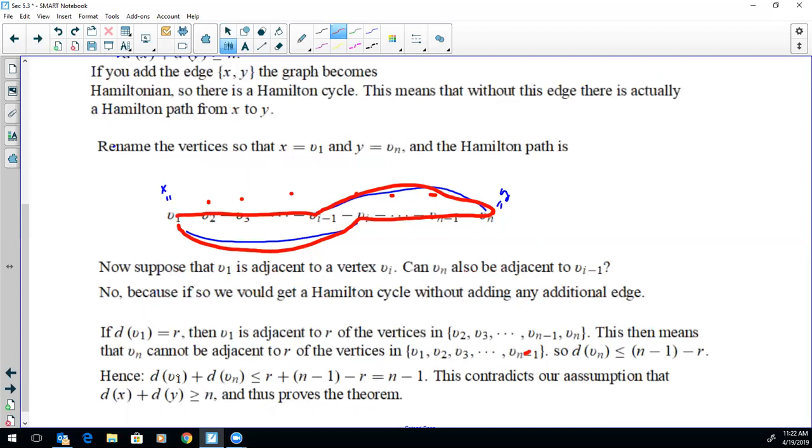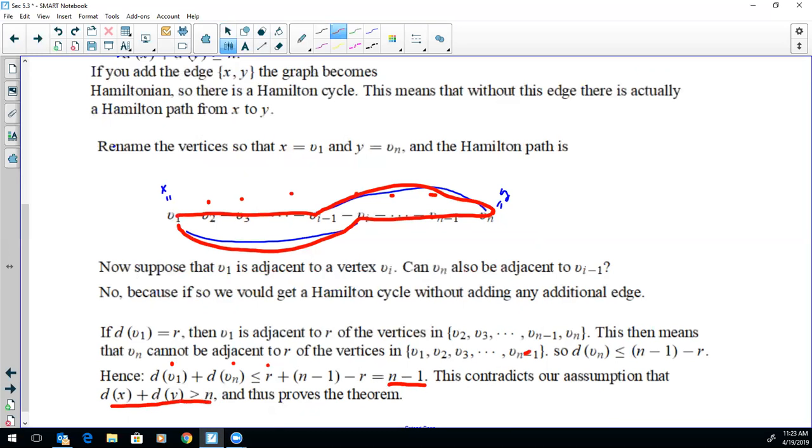Putting this together, there's a degree of V1, and this is the most Vn could be. Degree of V1 plus the degree of Vn would have to be less than or equal to n minus 1. But we assumed that the degree of V1 and Vn, x and y, had to be at least n.